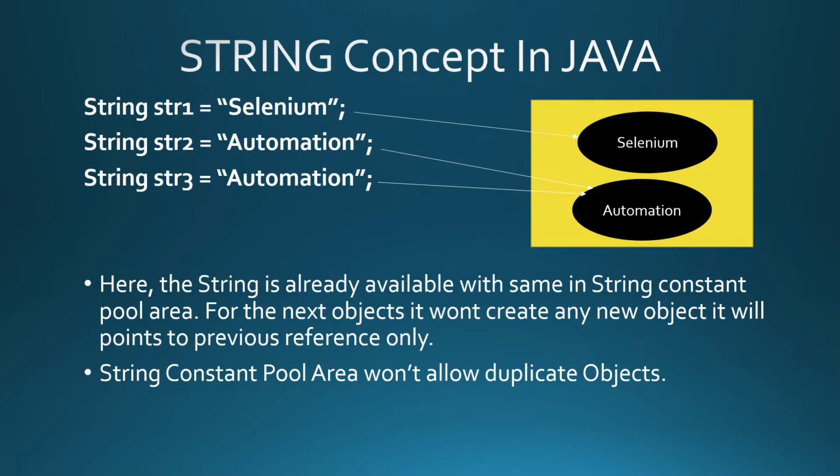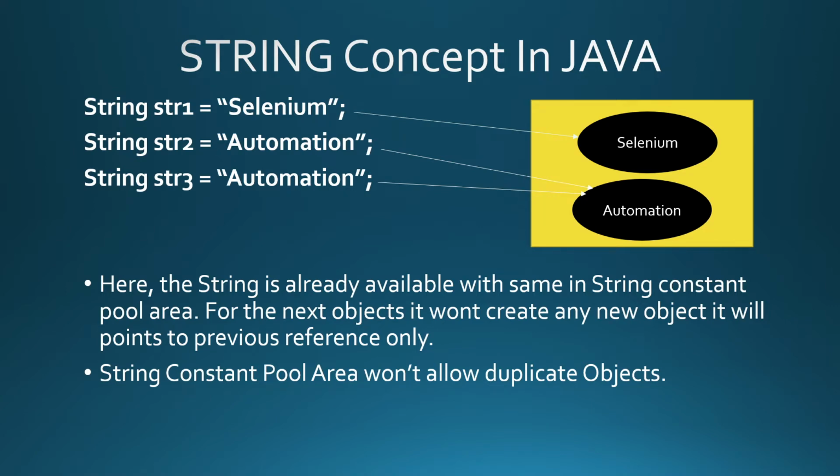If we initialize one string with the help of string literal, it is going to be stored in the string constant pool area, that is selenium. In the same way we initialize the others. The two references str2 and str3 are stored in the string constant pool area, but these two are pointing to the same object only.